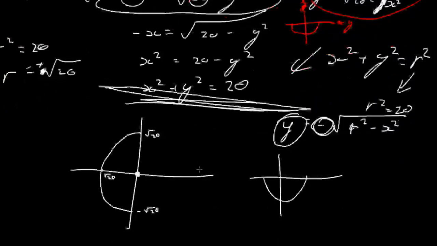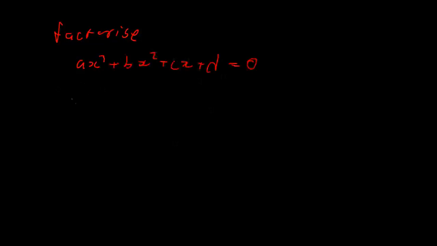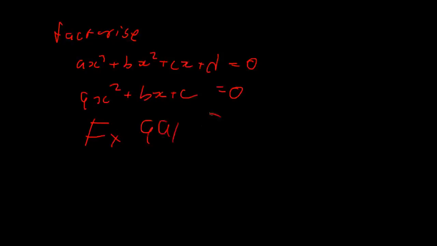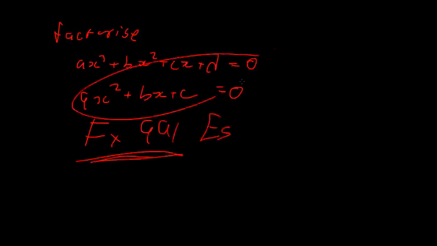One thing I wanted to add earlier, for factorizing, if you have to factorize a cubic, so ax cubed plus bx squared plus cx plus d equals 0, or if you have to factorize ax squared plus bx plus c equals 0, if you get the Casio FX991ES or any of the FX991s, it can actually factorize this equation for you.